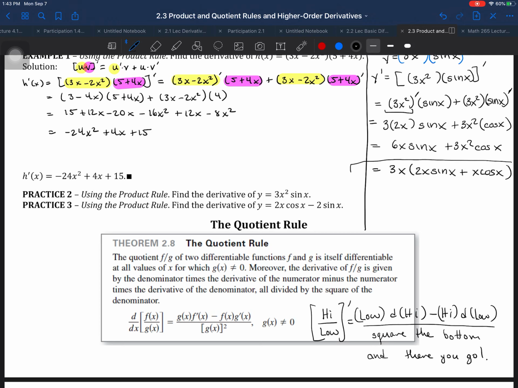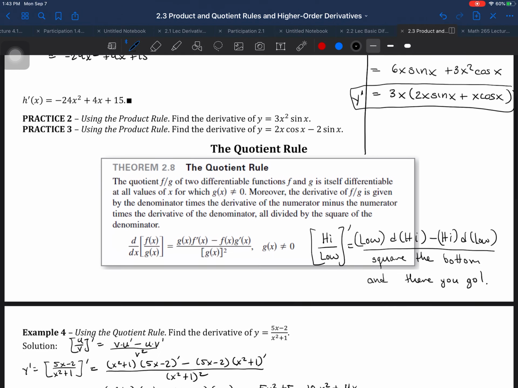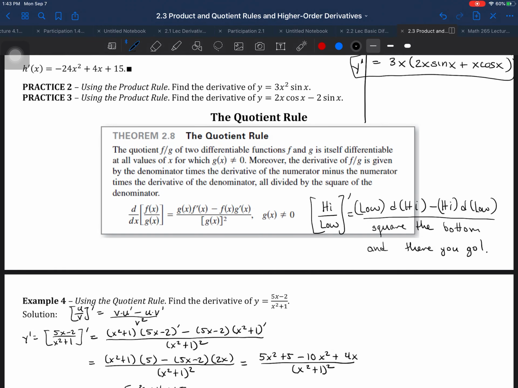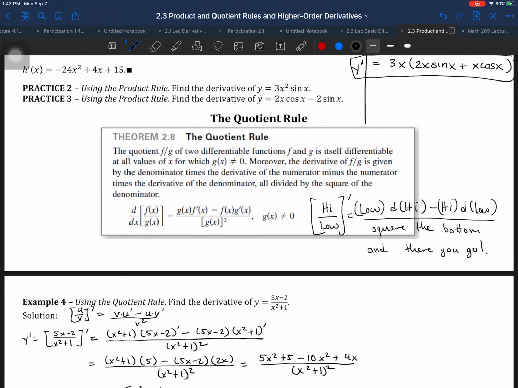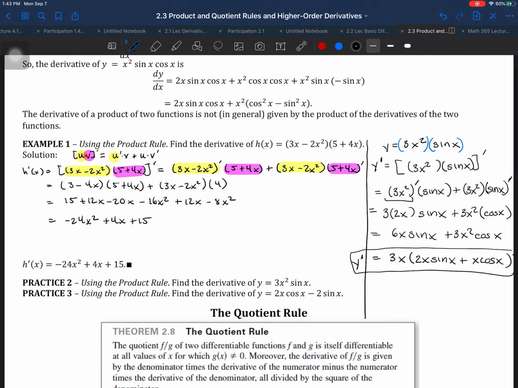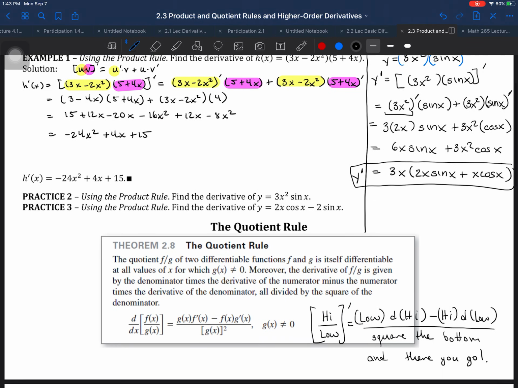I'm going to write this as y prime, not y anymore. I want you guys to try the other one. That was the product rule. We'll do more practice in class, but if you want to try a few more, you can try practice number 3.